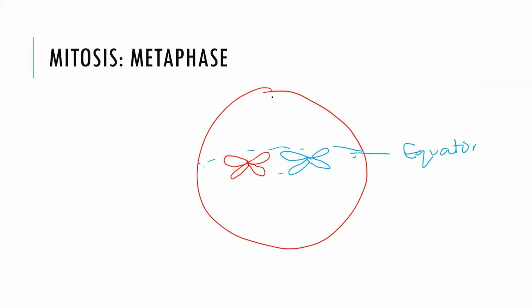So on either side, we had the centrioles, and these centrioles had spindle fibers. These spindle fibers come and connect to the centromeres. So there are some fibers connecting the two centrioles. So the chromosomes arrange individually around the equator.